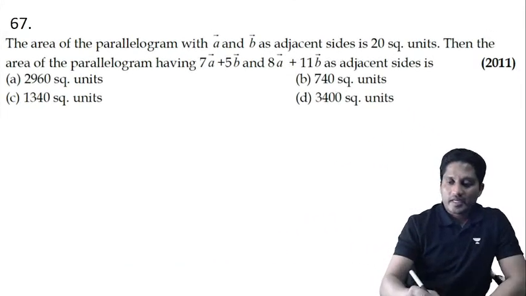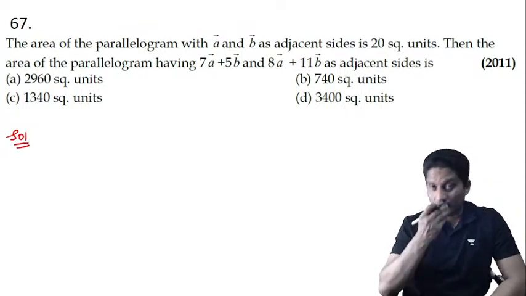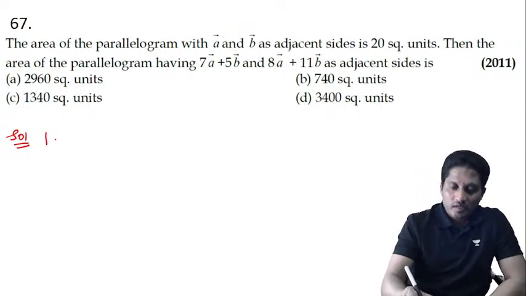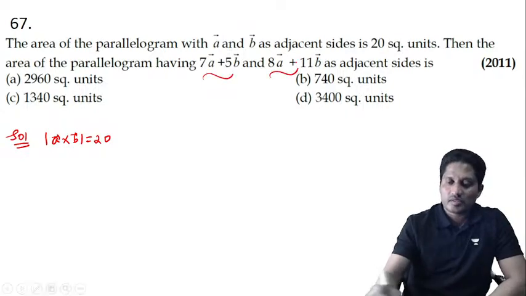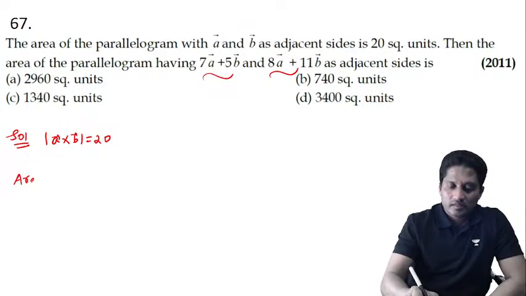Question number 67. The area of a parallelogram whose adjacent sides are A and B is 20 square units. So this means that mod of A cross B is equal to 20. Now I should find the area of a parallelogram whose adjacent sides are these.